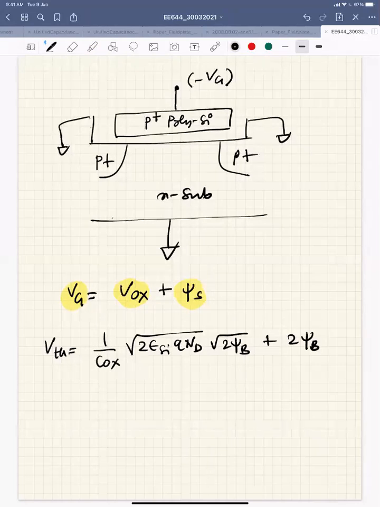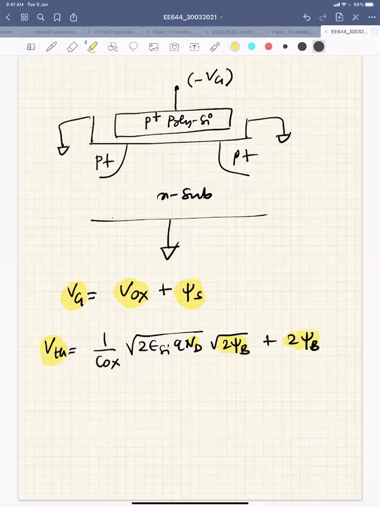So here, your threshold voltage will be negative because your 2 psi b is negative, because of your surface potential, right? So if you know the doping of the substrate, that means if you know ND, and if you know the oxide thickness, then you just calculate VTH simply by this formula and add a negative term, right?